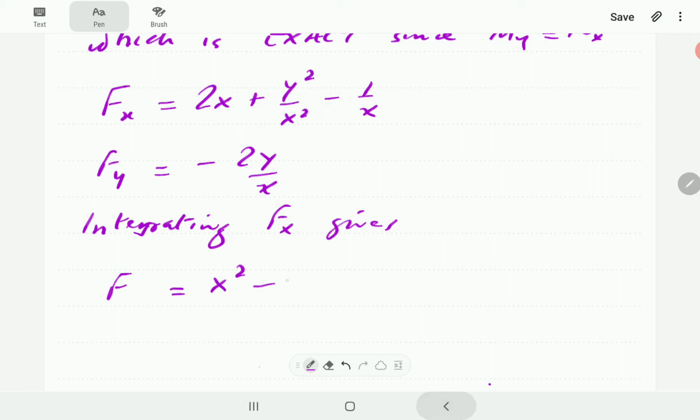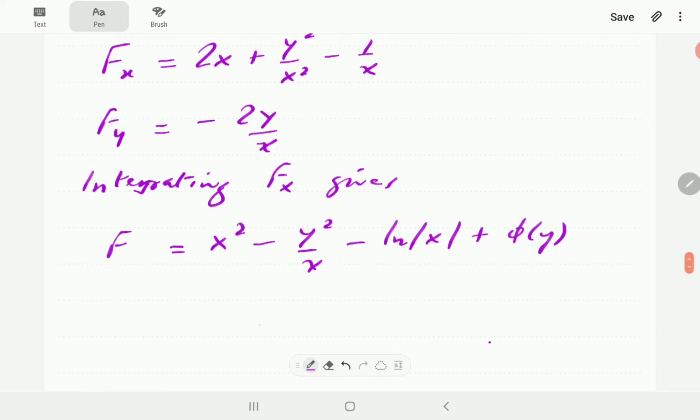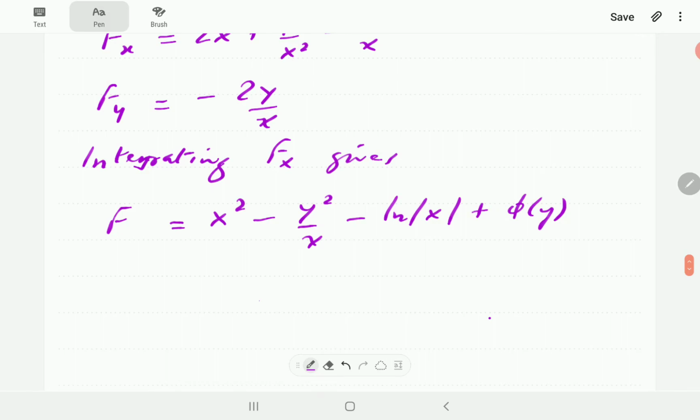This one is going to integrate to minus y squared over x. And the last one is going to integrate to ln of the magnitude of x. Then this is going to be plus some function of y. Then we're going to differentiate this with respect to y and compare with this equation here. So if we differentiate this with respect to y, we get negative 2y over x plus phi prime.